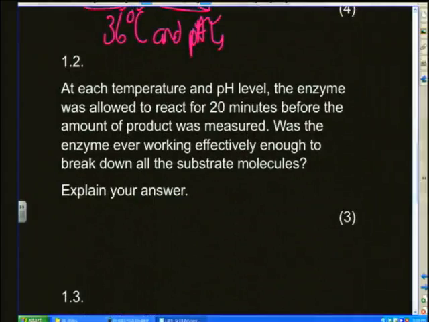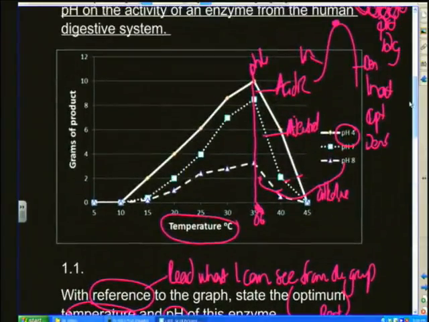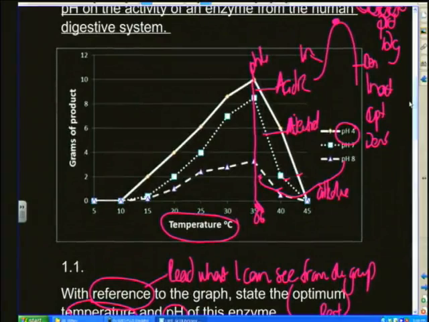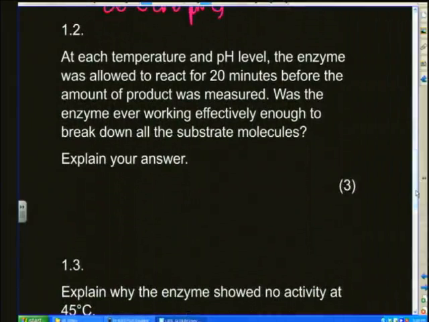So where does it work best? That's what I'm looking for, where I have the peak. And this one works the best out of all of them. Now there's a bit of a long question here. At each temperature and pH level, the enzyme was allowed to react for 20 minutes before the amount of product was measured.